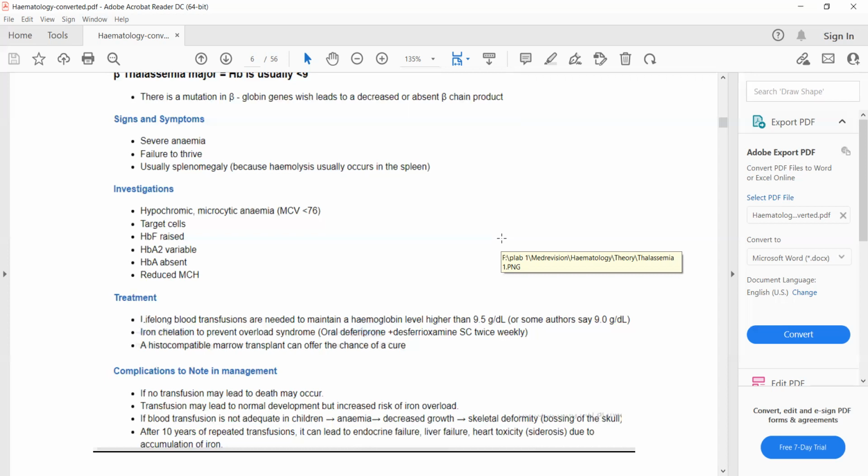TIBC will only increase in iron deficiency. If there is iron deficiency, it means the carriers of iron are free, and their binding capacity is increased because there is no iron to bind. So only in iron deficiency anemia, TIBC will increase.